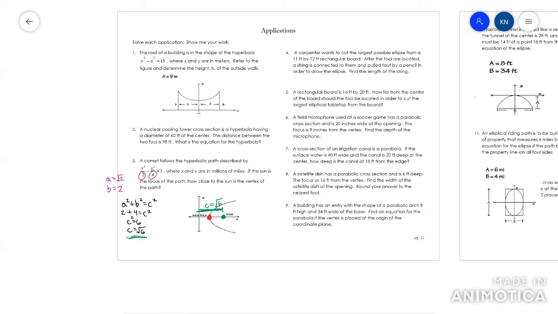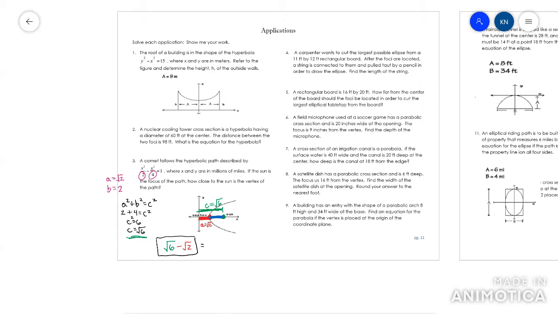But that's not what they're asking for. They're asking how close the sun is to the vertex, from green dot to red dot, aka this blue distance right here. So what you do is you take the entire green distance, which is root 6, and subtract this red distance, which was A, from center to vertex. So minus root 2, and this is what it actually would be.